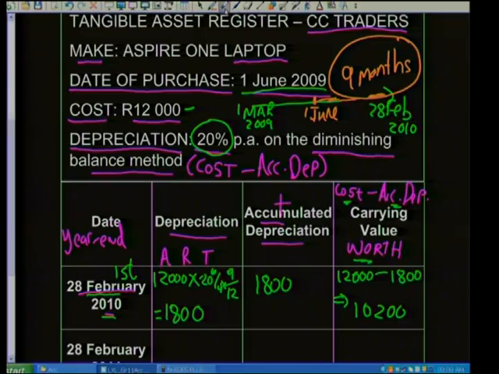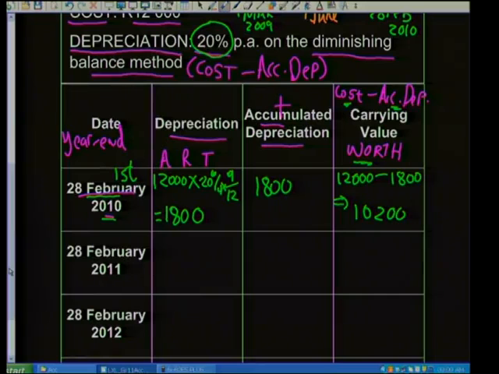Let's now look at what happens at the end of the second financial year. So the second financial year ends on the 28th of Feb, and now we're moving on to 2011. Again, depreciation calculation first. So your depreciation, we're going to start off with the amount, and the amount, remember, is going to be calculated by taking my cost price, which is 12,000, minus my accumulated depreciation from the previous years, which is 1,800.